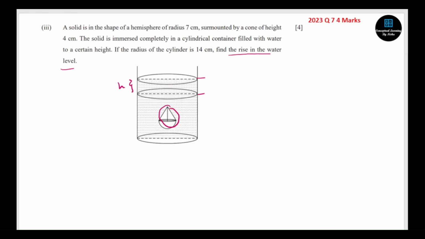Now here the concept is that the volume which is displaced is equal to the volume of the solid which is submerged in the container. The container is cylindrical, so the volume of water which is raised is nothing but the volume of a cylinder with height h. Now see, we'll do this step by step.